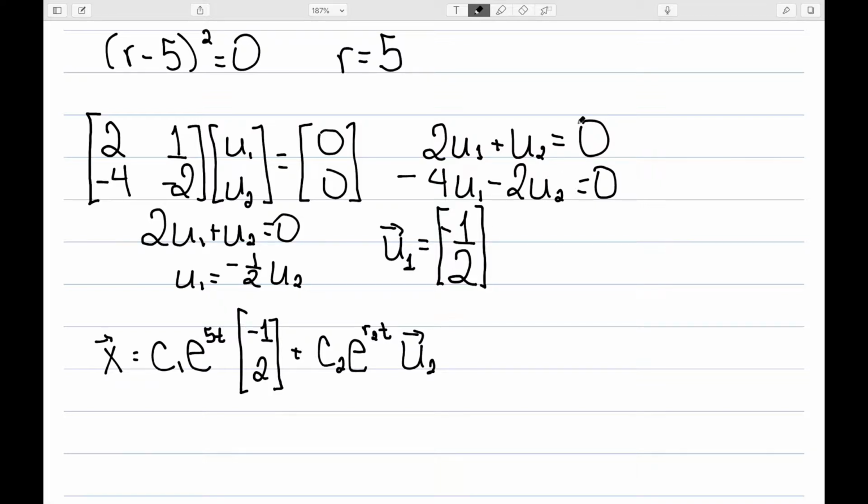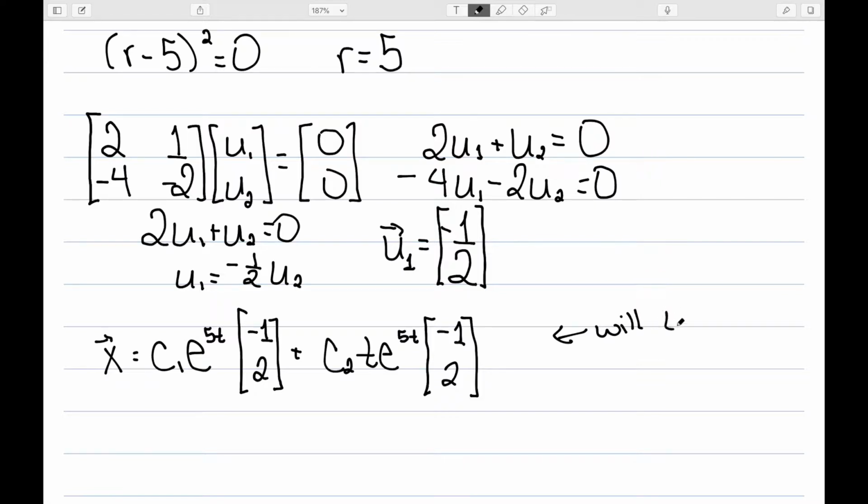So instead, we need to try to figure out something to replace it. So we'll erase this for now and see if we can figure out something to replace it. Let's start by just seeing if I can do something like t e to the 5t times this eigenvector. So I'm not quite saying this works yet, but I want to know, what about this? Will this work? Or do we run into a problem?